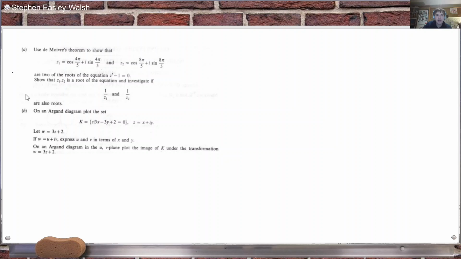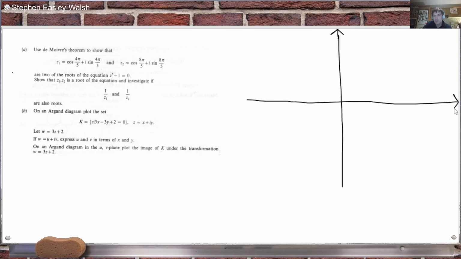Now the B part here. On the Argand diagram, plot that set. All right.